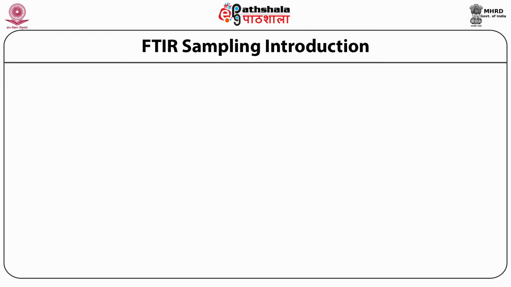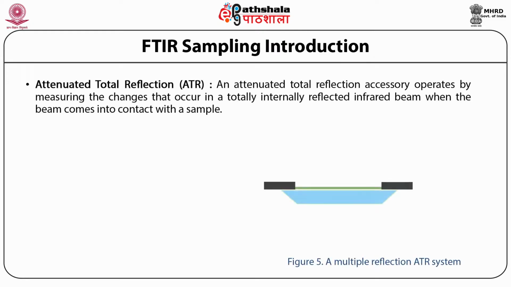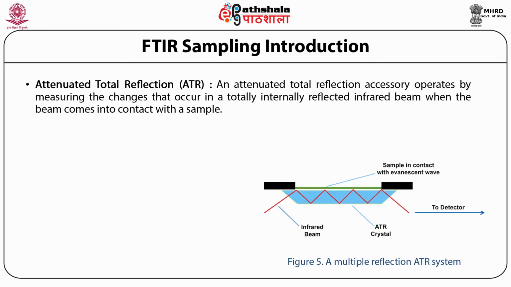The other technique is attenuated total reflection, ATR. An attenuated total reflection accessory operates by measuring the changes that occur in a totally internally reflected infrared beam when the beam comes into contact with a sample.